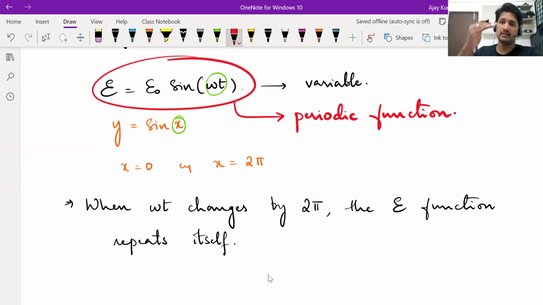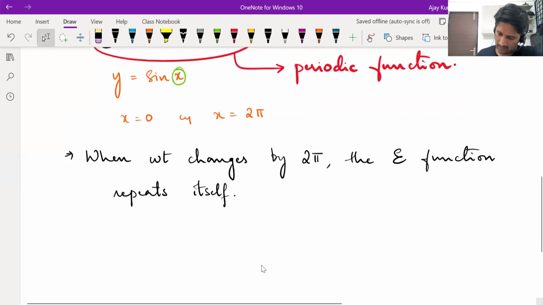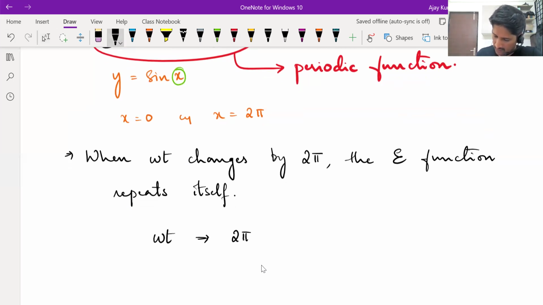Or whatever pattern the EMF was following, that pattern repeats. Whenever omega t changes by 2 pi, the pattern repeats itself. Okay. Now if omega t changes by 2 pi, it means t changes by 2 pi by omega.